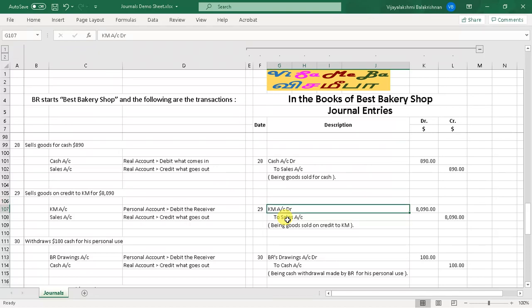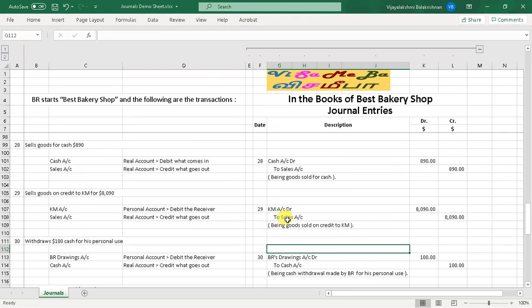So KM is the customer, debit the receiver, and credit what goes out. The goods are going out, but we're not receiving cash because it's a credit sales. So debit the receiver, credit what goes out. KM account debit to sales account 8,090 being goods sold on credit to KM.